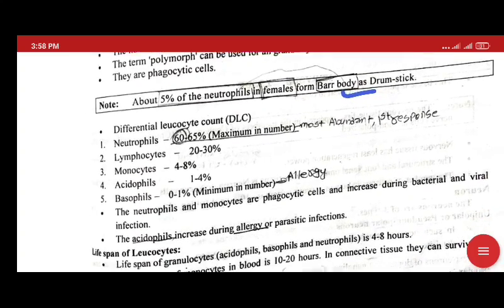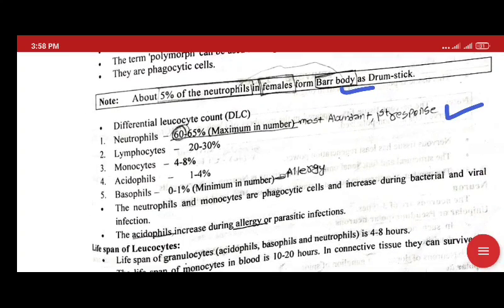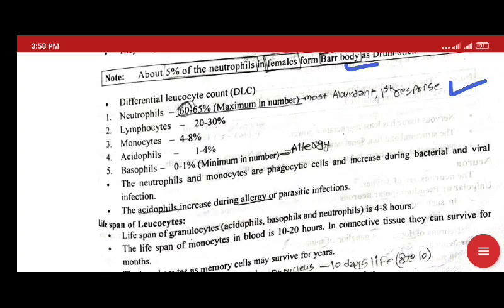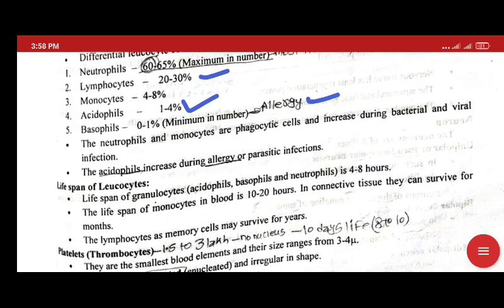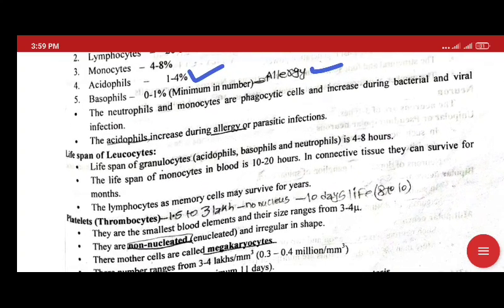Most abundant, first response is neutrophil at 60%, lymphocyte 20%, as we have discussed, 60-20. You should remember this. Acidophil is 1%, and basophil is for allergy, its number increases, and acidophil also.